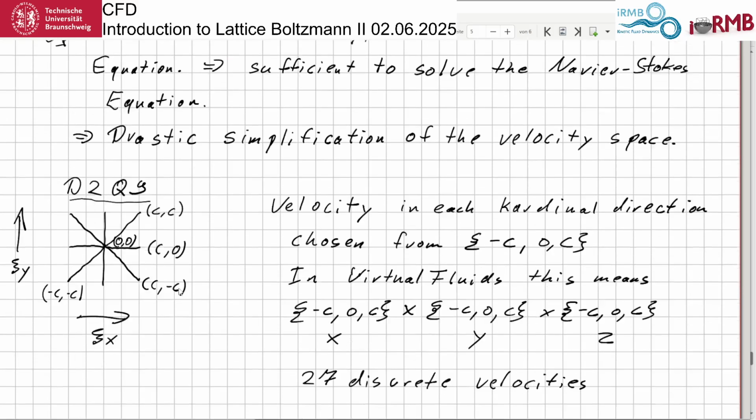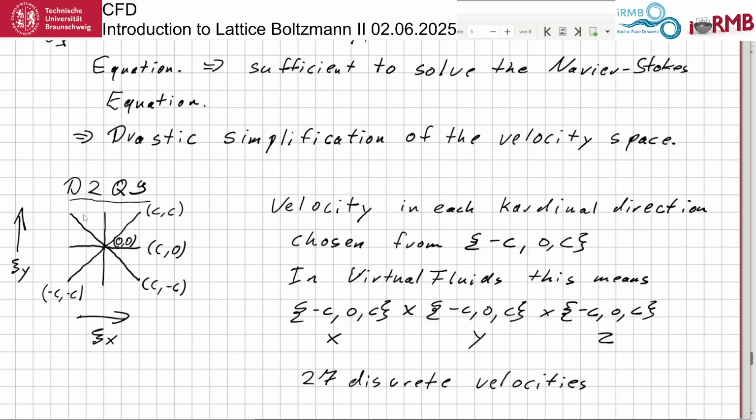And here's the example for this in 2D with regard to virtual fluids. Again, virtual fluids does not allow you to do simulations in 2D, it's only 3D, so you can expect this to look a little bit different than that one. It's just the tensor product of this.